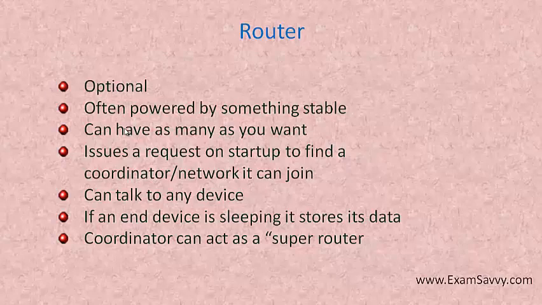Router can communicate to any device in a network. If an end device is sleeping in order to save power, the data will be stored in the router. We already said that it is optional. Why? Because if it is not there, the coordinator can act as a super router. So it is called optional.